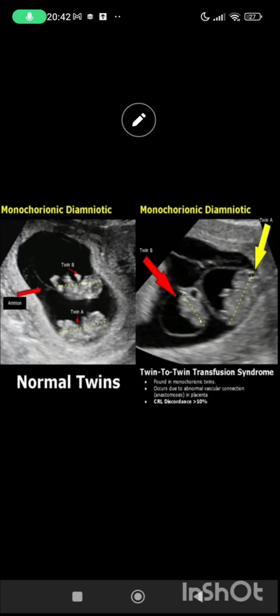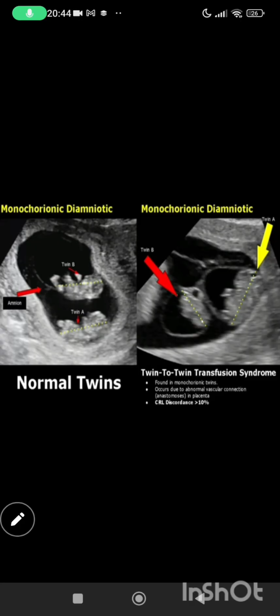There will be signs of hydrops. Hydrops will happen with which twin? Donor or recipient? Who is receiving more blood? Recipient.